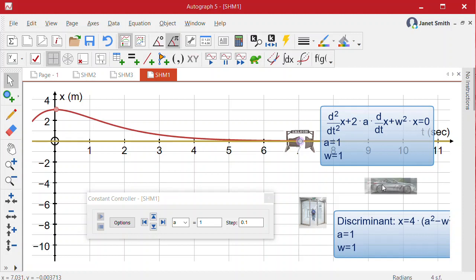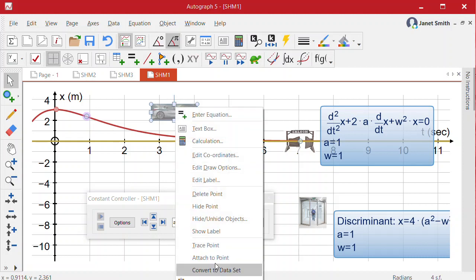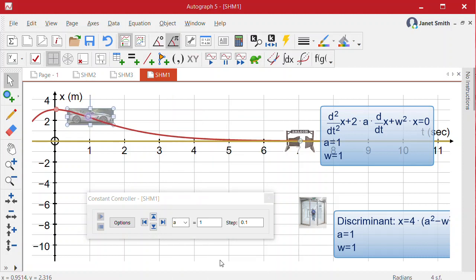This would be a case, say, of the suspension in a car. If the car goes over some bumps, we want it to go back to its equilibrium position as quickly as possible. So we've got the car attached to there, going back to its equilibrium position as quickly as possible.